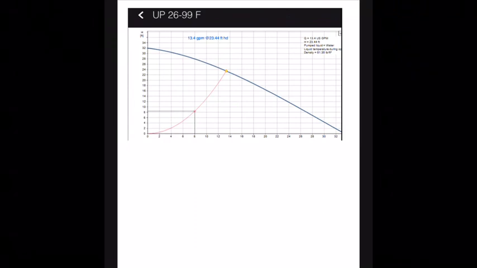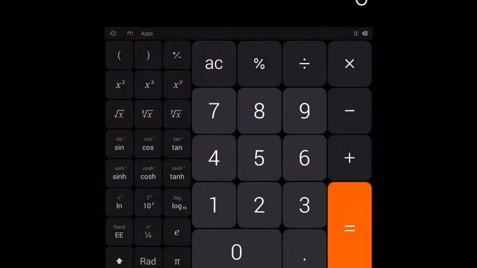So the calculation that we're going to do here is taking the 23.44 feet of head, and we know that there is 1 psi for every 2.31 feet of head. So the feet of head cancel out, and essentially I'll be taking the 23.44 and dividing that by 2.31.